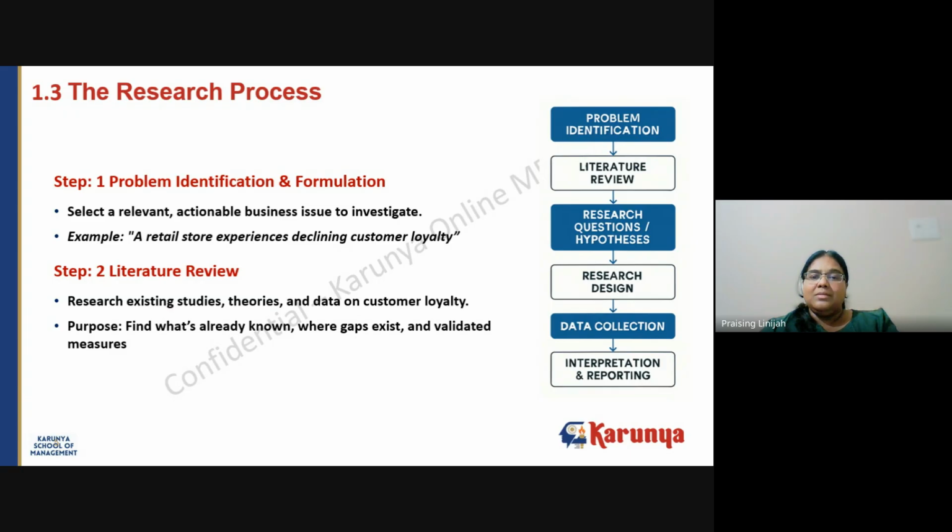Defining the problem accurately sets the entire research direction. Once you identify the problem, if we are not able to diagnose it properly, the entire process which you carry through is going to be a waste.